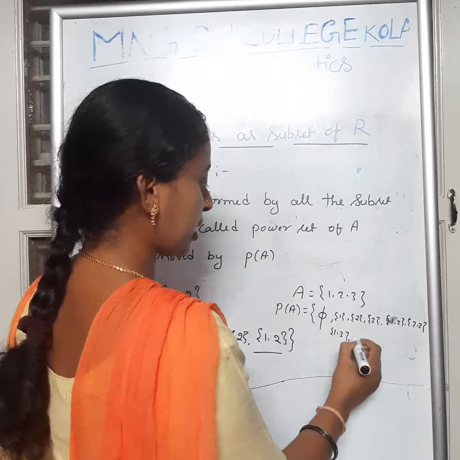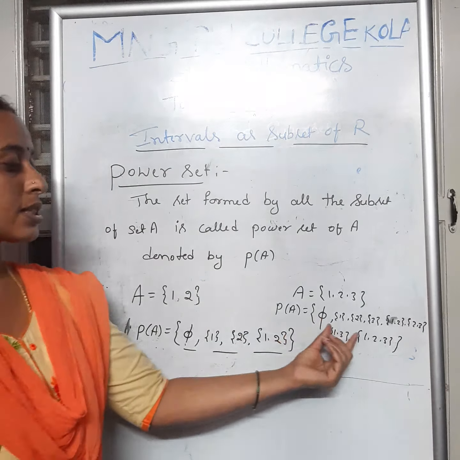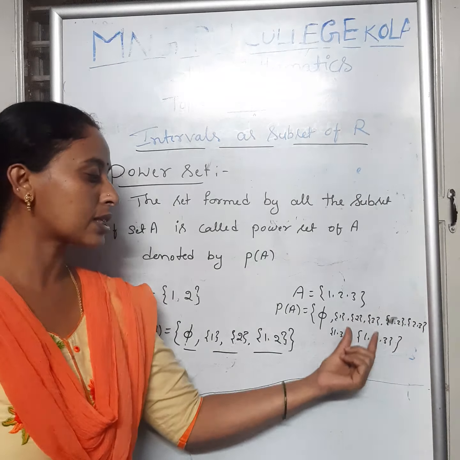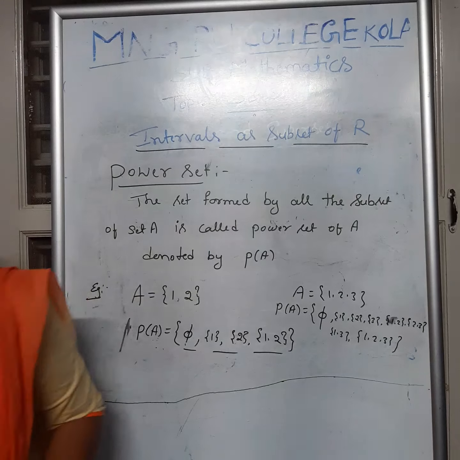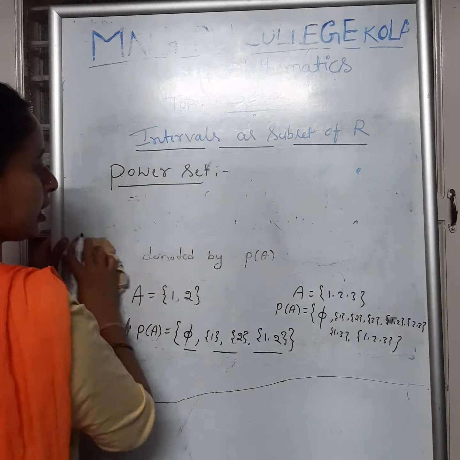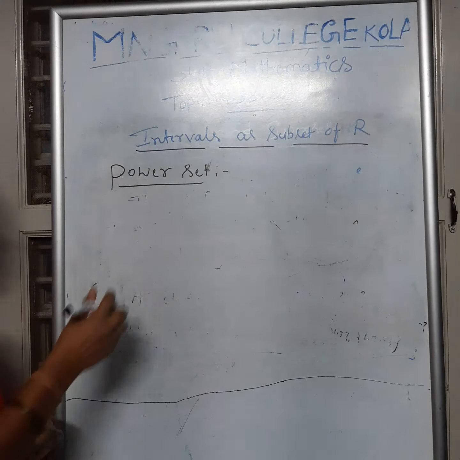Now the self subset 1, 2, 3. This is the power set of A. The set formed by all the subsets of A is called the power set of A, and is denoted by P of A.